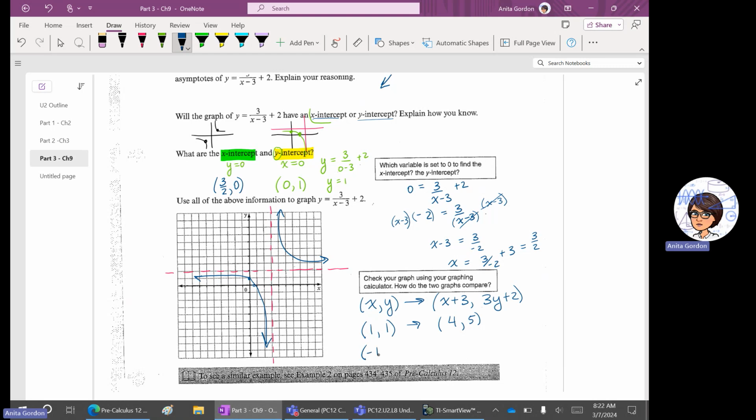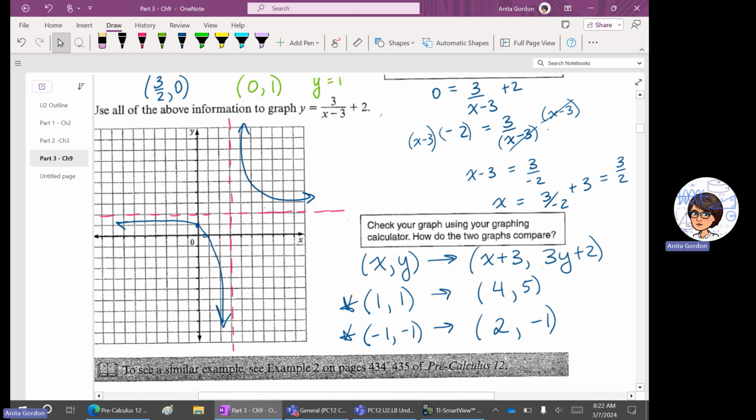And I knew that negative 1, negative 1 is a point, so this is going to get mapped to 2, 1. So you could add 2 more points if you really wanted a slightly more accurate graph. So 1, 1 would be at 4, 3. I would just need to move this little bit here over.